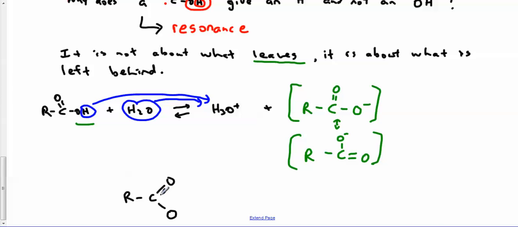So you might say that it's like having 1.5 bonds between each C and O, and because I can share the negative charge, it's like this has a charge of -0.5, and this has a charge of -0.5, and that just makes this structure, what's left behind, more stable, because it is all about what is left behind. And that is a brief look at carboxylic acids.